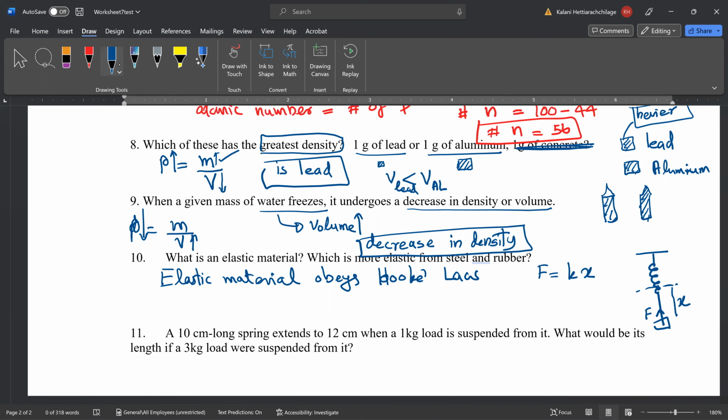Because of that, rubber is less elastic than steel. But if you are able to stretch the steel, it will definitely come back to the original position. Because of that, steel is more elastic than rubber.